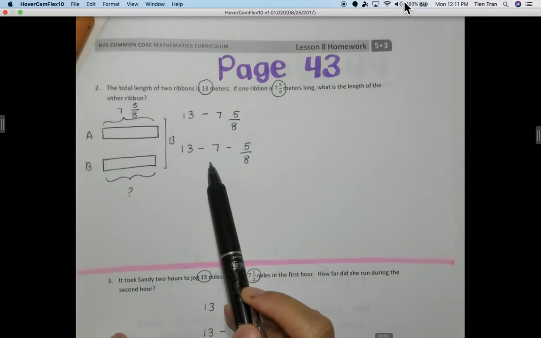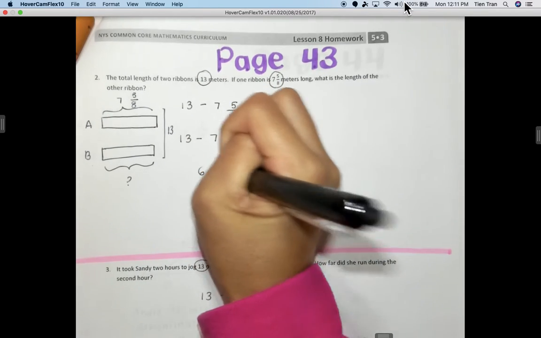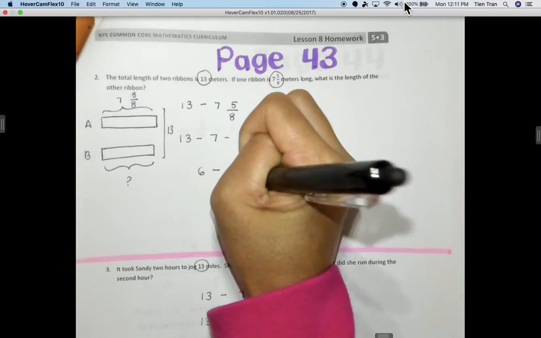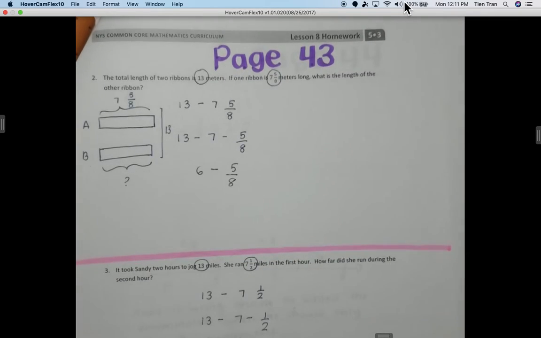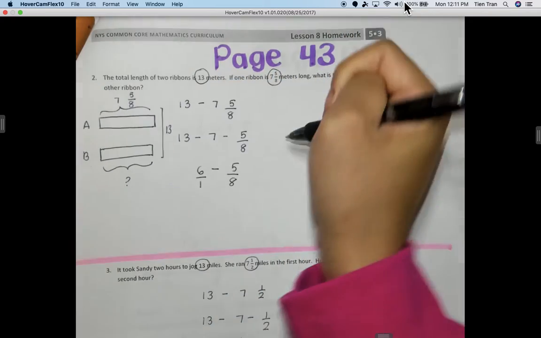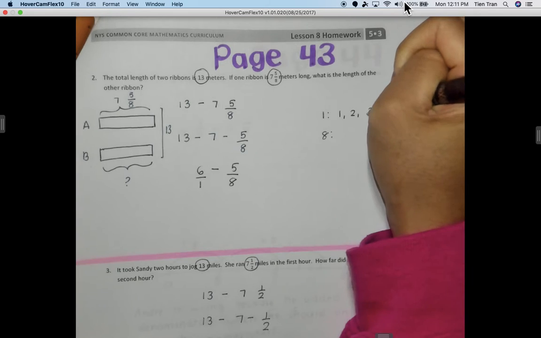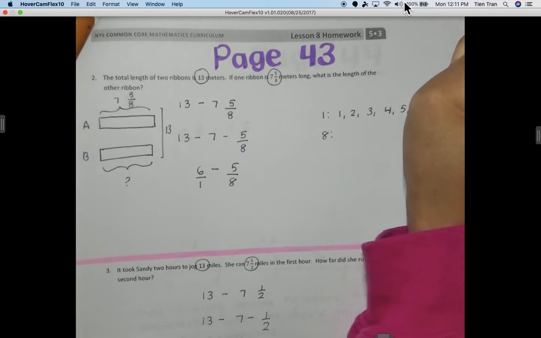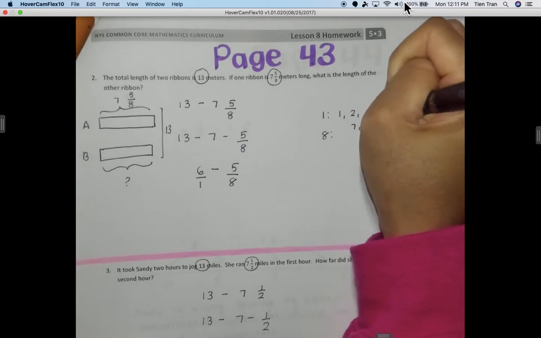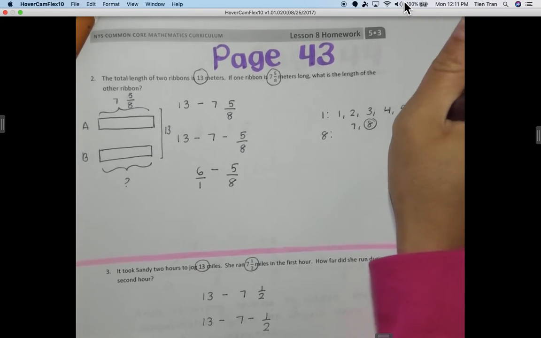So 13 minus 7, we're going to first do whole numbers, is going to give me 6. So I'm subtracting 6 minus 5/8. Okay, so I am going to find my denominator for 1 and for 8.